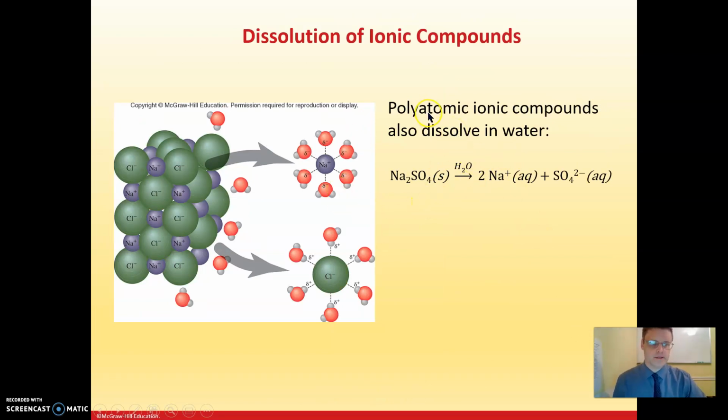A polyatomic ion is an ion that has more than one atom in it, and an example of that is the sulfate ion. It has sulfur and oxygen. So sodium sulfate can dissolve to form sodium ions and sulfate ions.